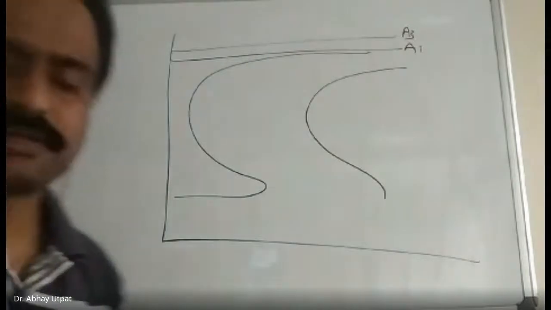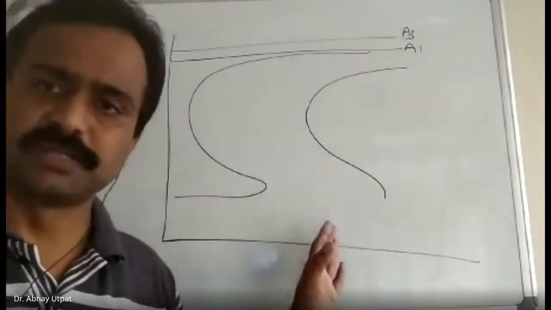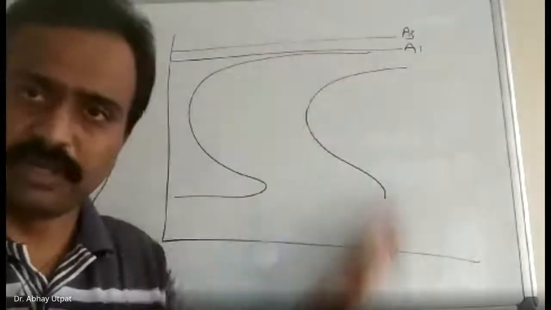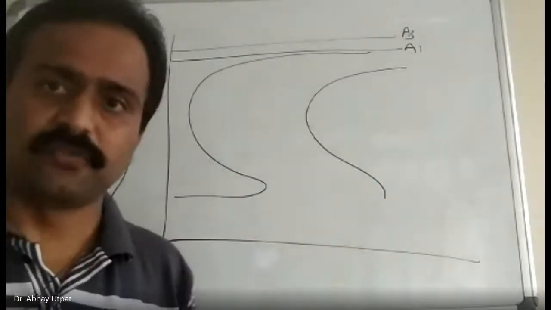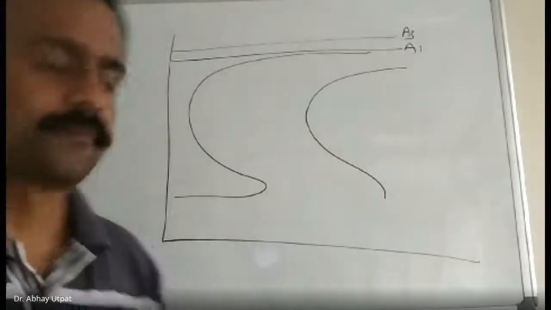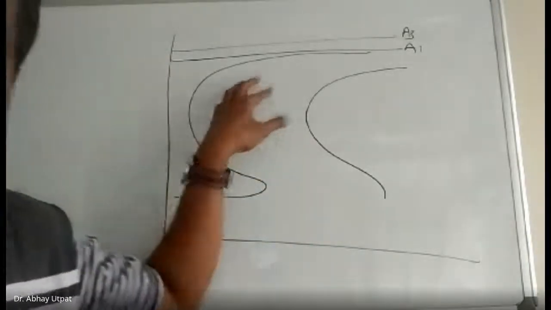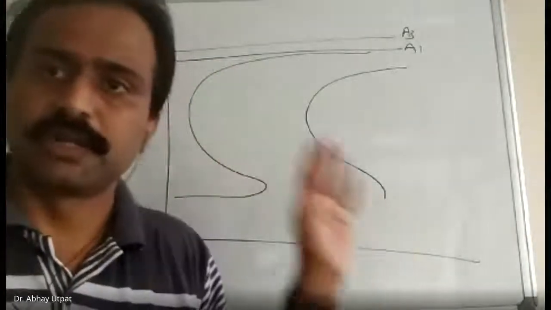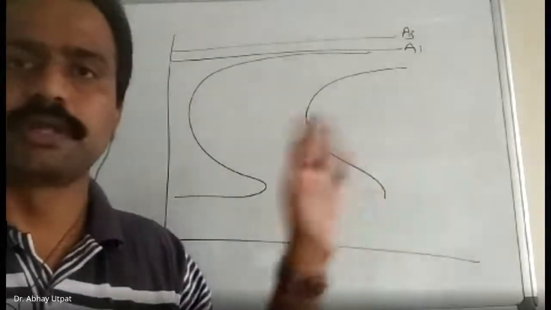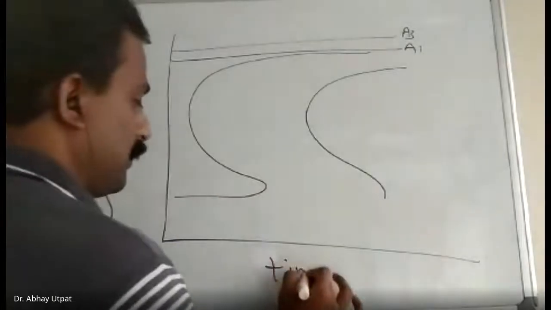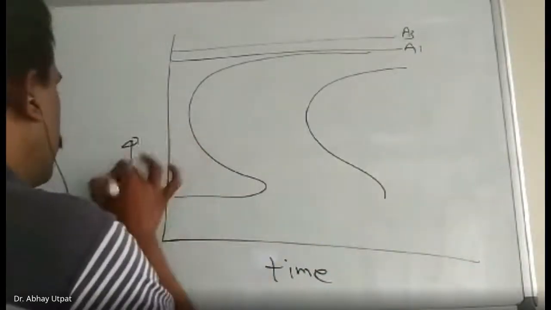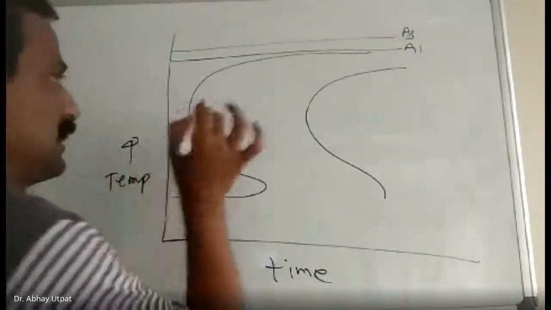Show all the phases with hardness values. Sometimes the question is asked in a different way: draw the TTT diagram for eutectoid steel and superimpose the following heat treatments on it. So how to show heat treatments on TTT diagram? This also I have explained.